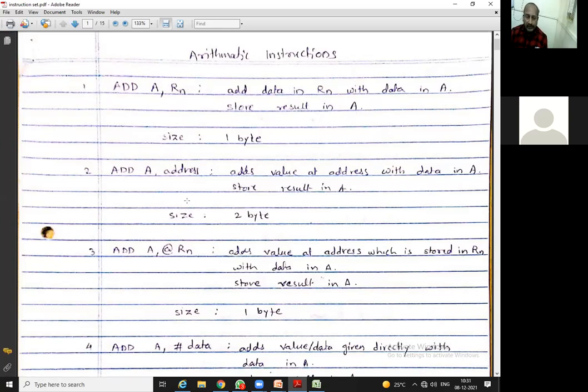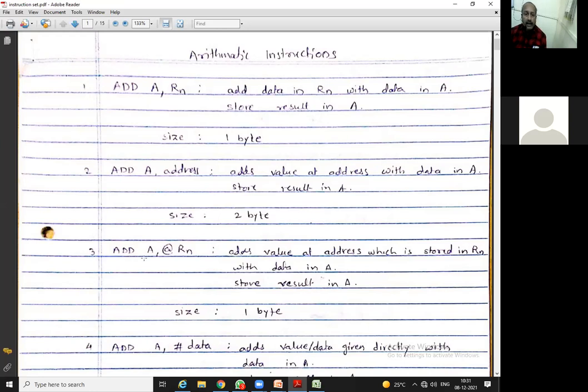Already we have seen. Then ADD A, address. What is the function of this one? It adds the value at the address, meaning the address is not added, but the value at the address is added with the data in A, and the result is again stored in A.